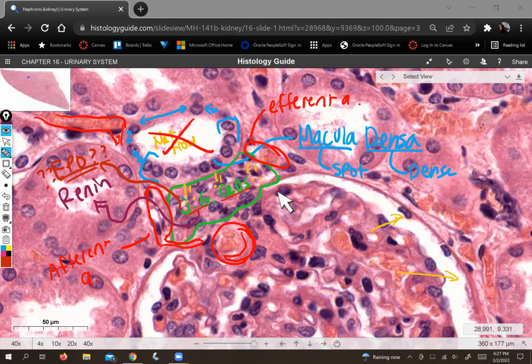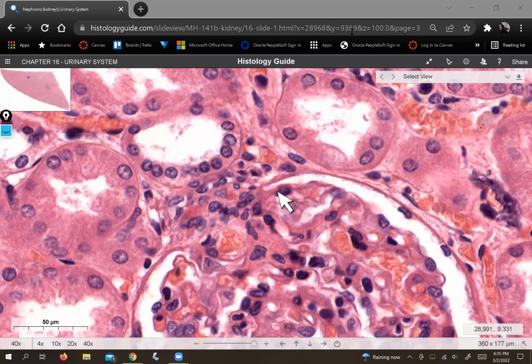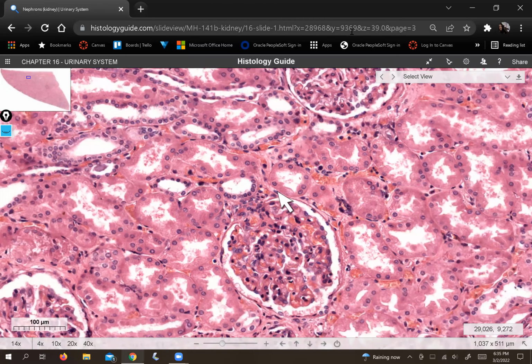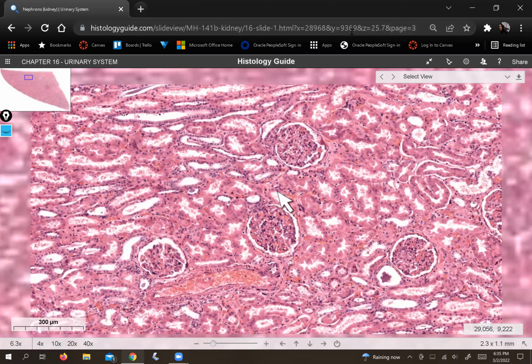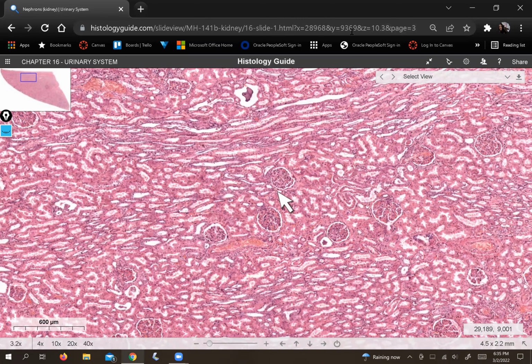Okay, so I'm going to pause for a moment. So now what we're going to do is zoom out a tad bit. Oh, look at all of those corpuscles.